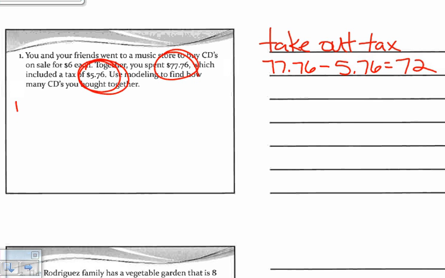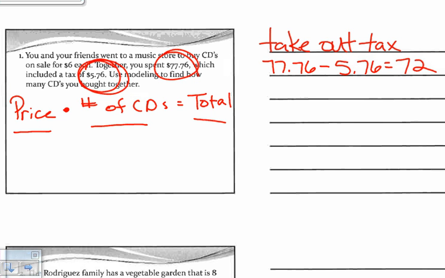So I know that the price times the number of CDs is going to equal my total. I check that using what I know. 6 times 1 is 6. 6 times 2 is 12. And 6 times 3 is 18.